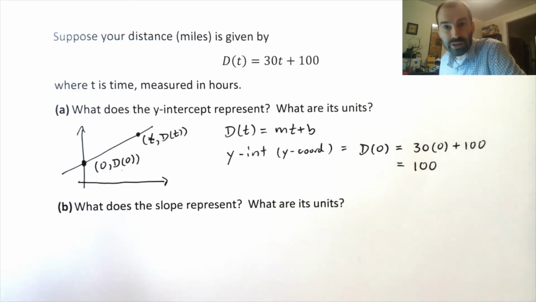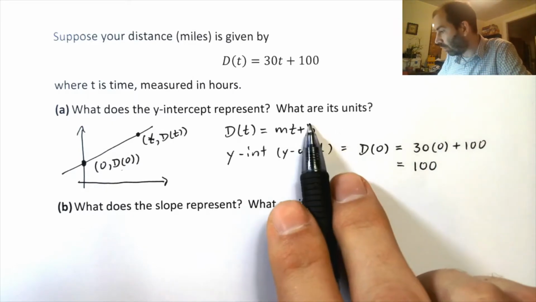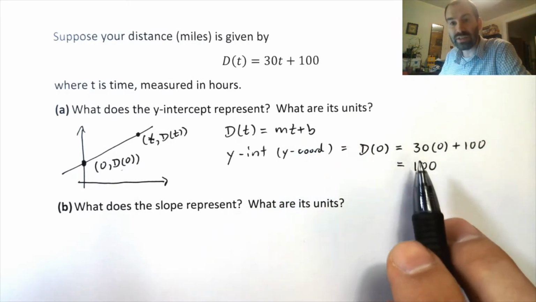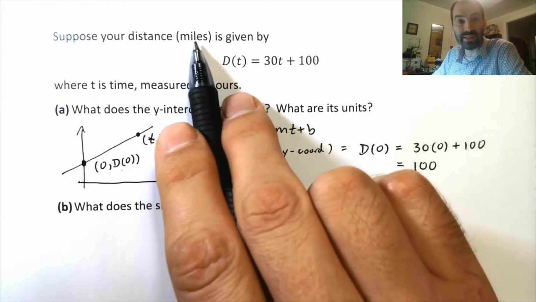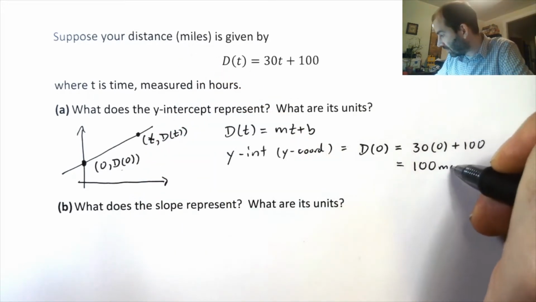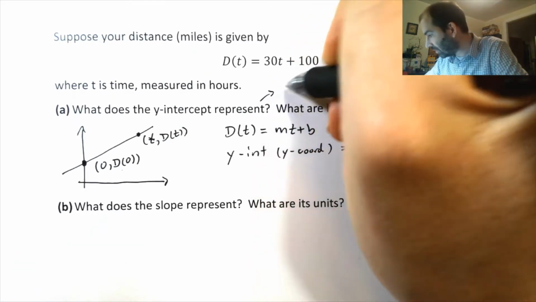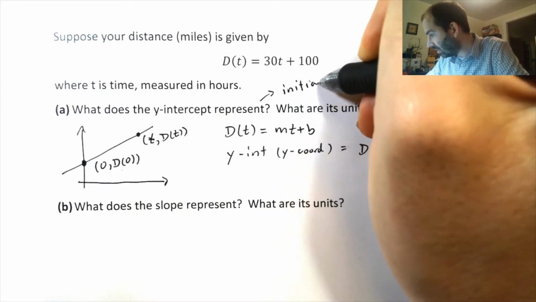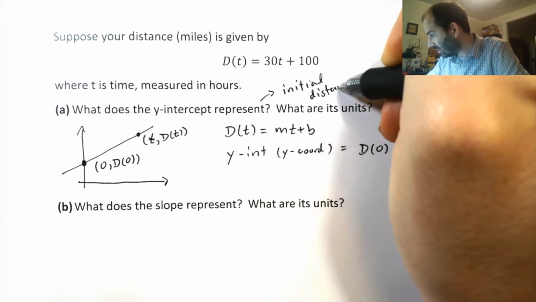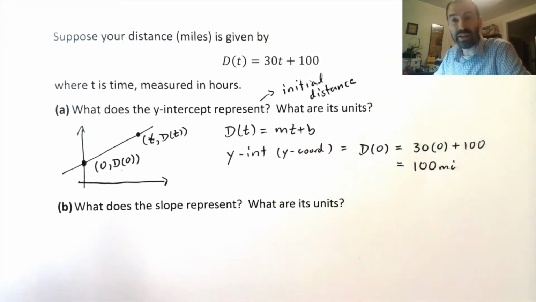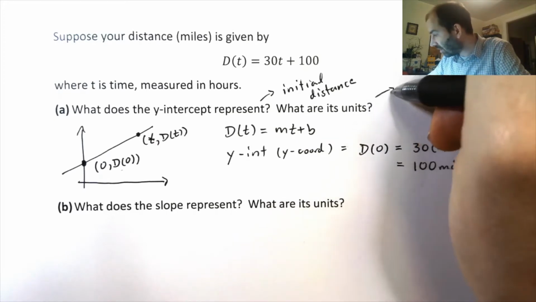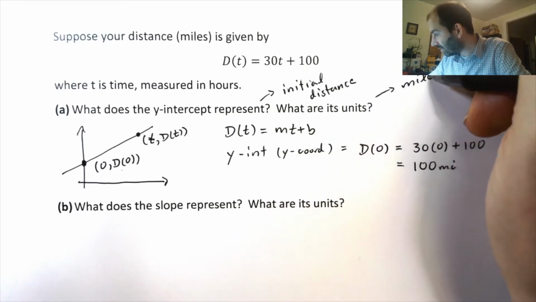When we start our journey, we are already 100 miles from some reference point. And its units: this is a distance, and distance is measured in miles, so the units are miles. So the y-intercept represents our initial distance, our starting distance, and our units are miles.